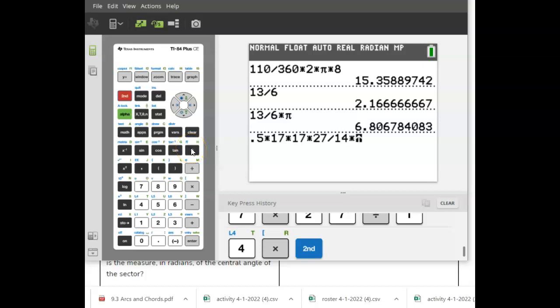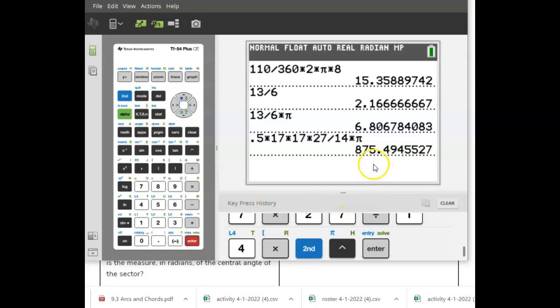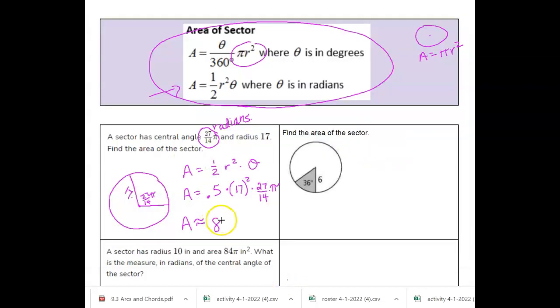If you are using 3.14, your answer will not match mine, but I will understand. So that area is going to be 875.5. Go to one decimal place. And it's squared units, you don't have to put the label on it. Getting the decimal gives you a sense of that.